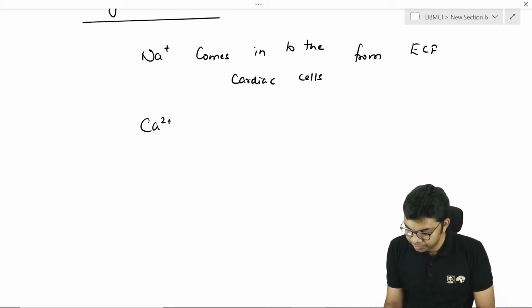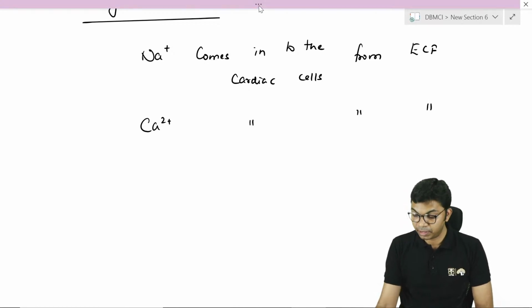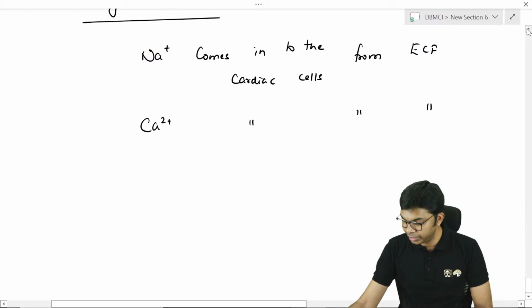Similarly, calcium comes into the cardiac cells from extracellular fluid. These two events happen during depolarization.